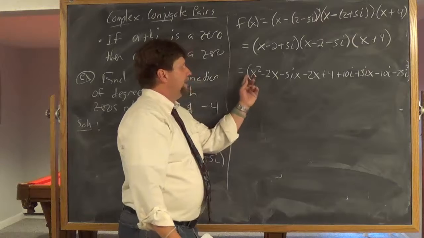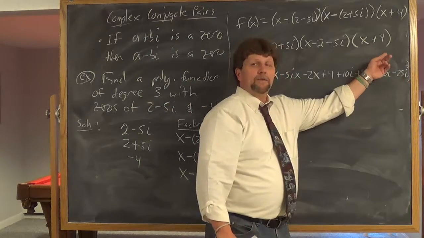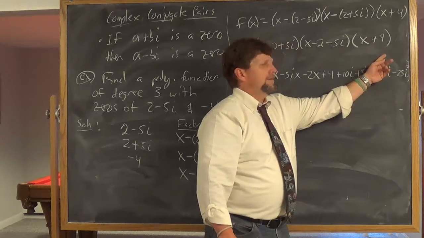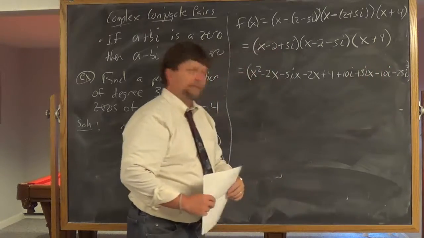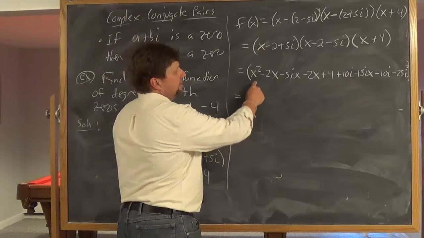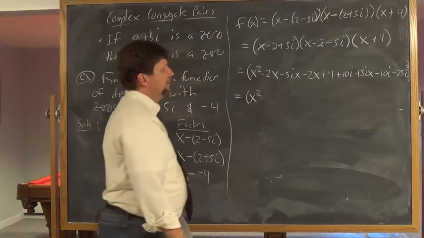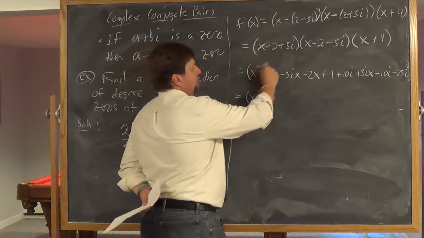Now keep in mind, this mess then gets multiplied by x plus 4. Holy moly. But look, some neat things happen here. Let's combine some like terms. First off, x squared. Well, there's nothing like x squared, so let me bring that on down. I've taken care of that.